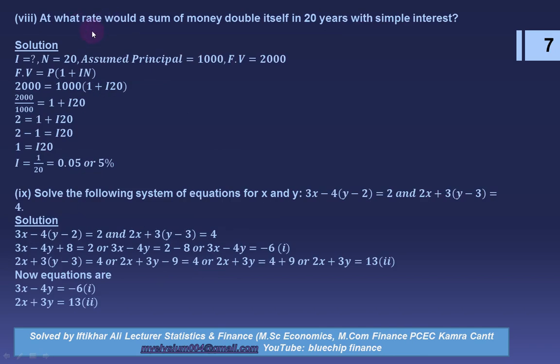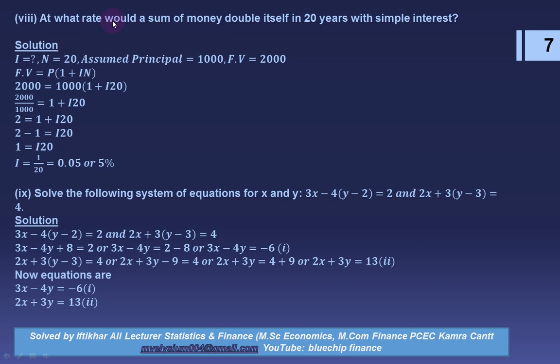Question number 8. At what rate would a sum of money double itself in 20 years with simple interest? This question, I think it also appeared in a previous paper somewhere. So we want to calculate the interest rate. N equals to 20. N represents the time period, and here we assume a principal amount because we don't have the principal amount here.